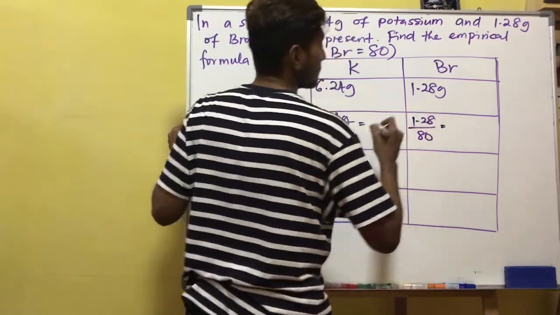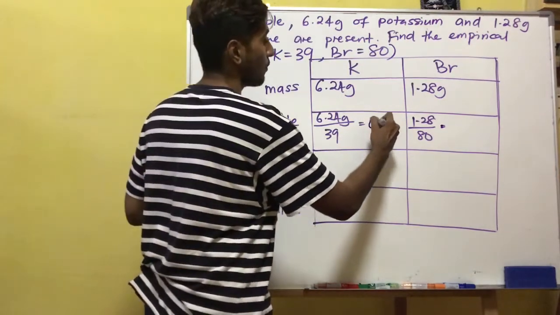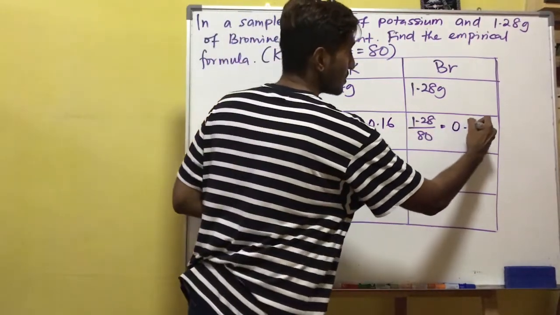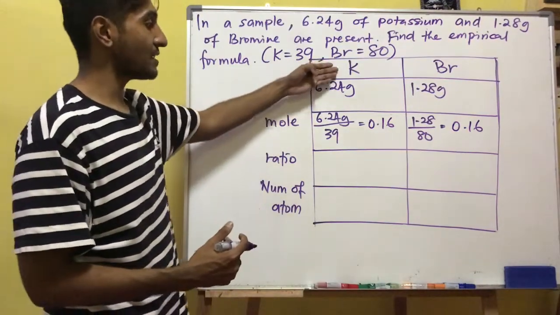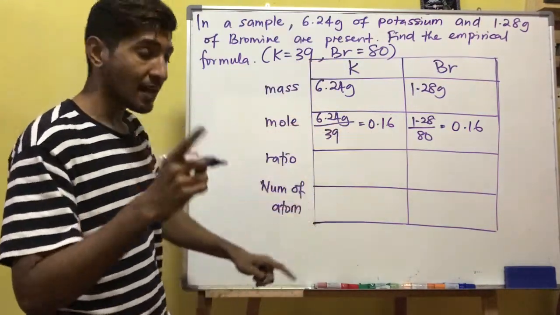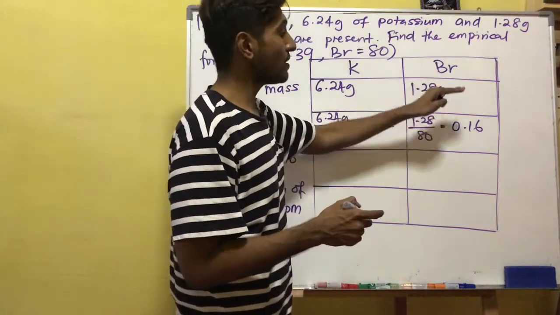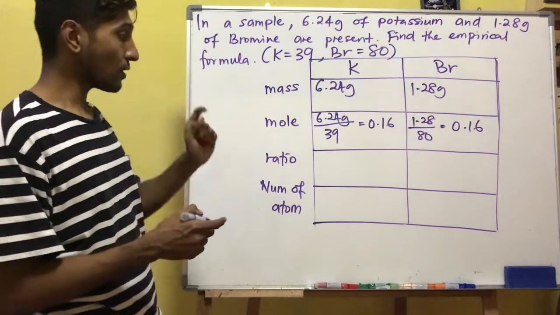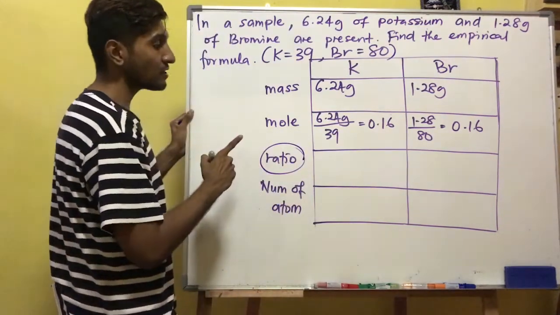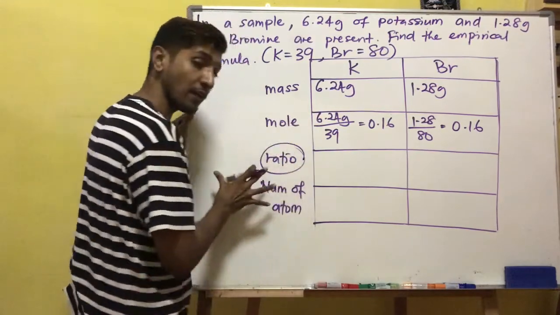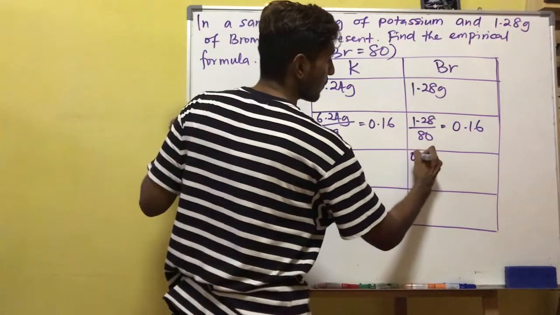What would you get? 0.16 and also 0.16. So the number of moles of potassium is 0.16 and the number of moles of bromine is also 0.16. Okay, so when that happens, how do we find the ratio? To find the ratio, we need to use the number of moles. So this is 0.16 and 0.16.